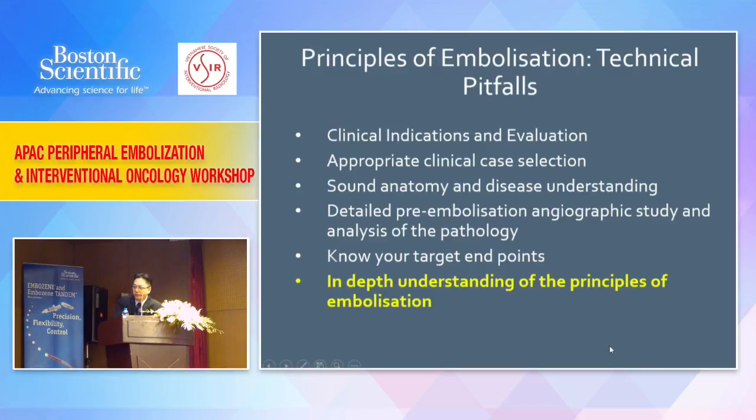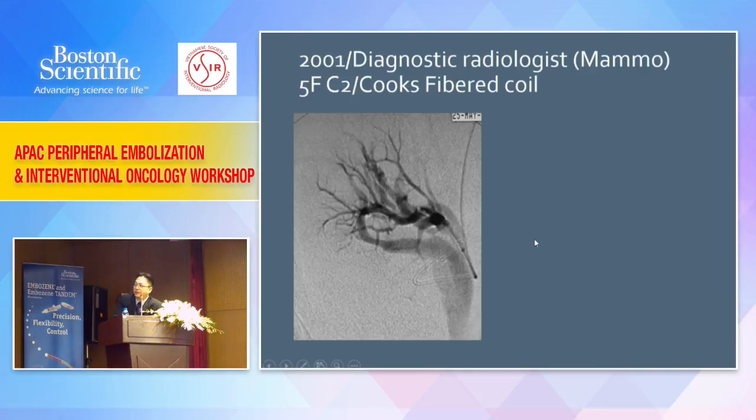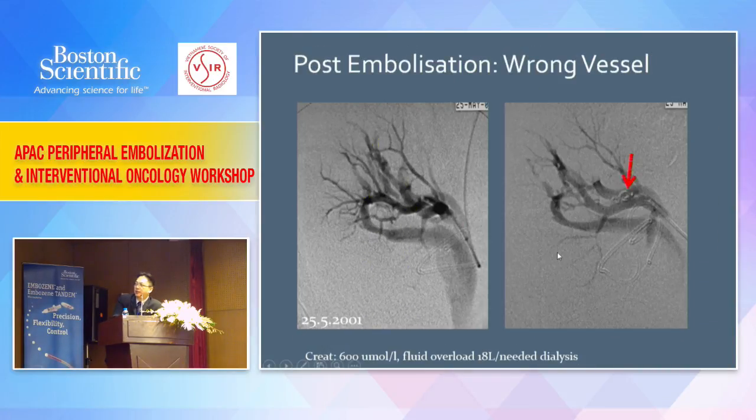In-depth understanding of the principle of embolization is utmost critical, and know your target endpoints. The two cases earlier I illustrated just show that a lot of them do not even understand the principle and start to whack around. Back to this case again. Drop in that branch, which is a normal branch, blocked off the last segment of the artery.